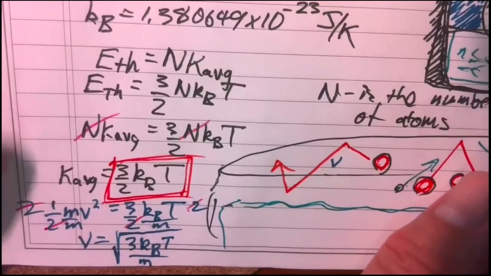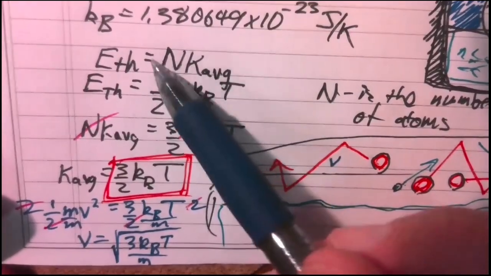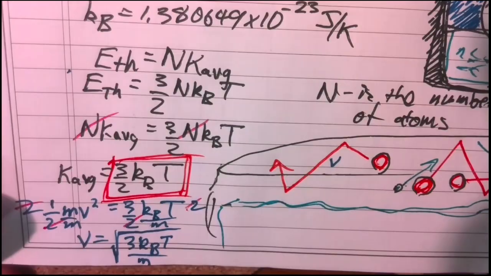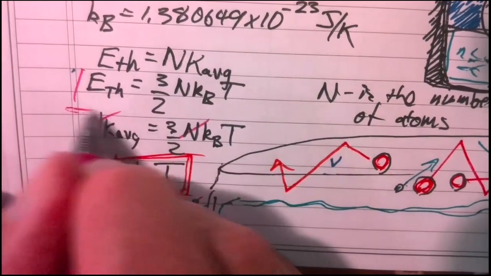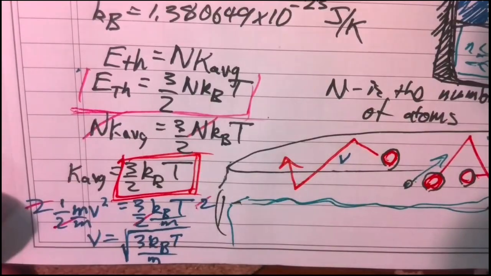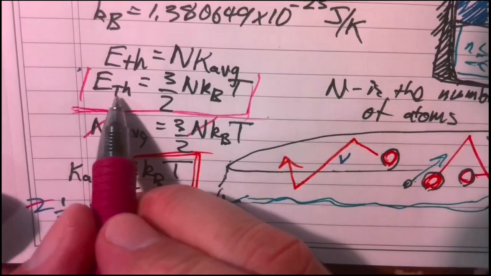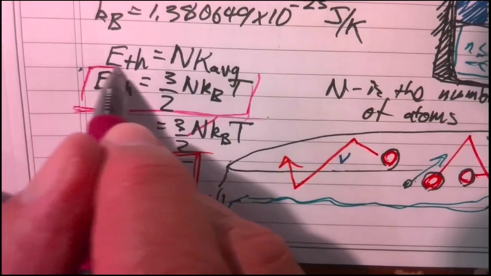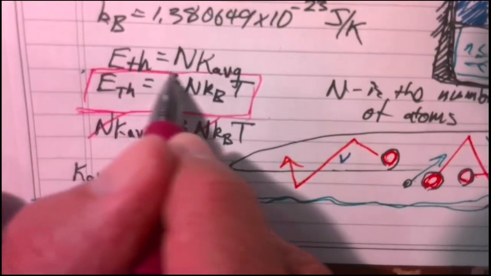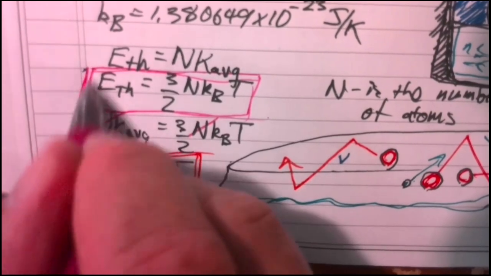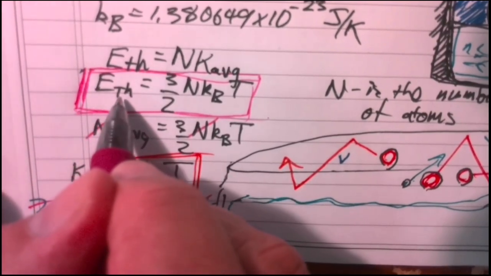All right, so I know this was a lot to talk about, but here is the equation that we're going to use to solve this problem. This is our thermal energy. If we know what the temperature change is, we can relate that to the amount of thermal energy here.